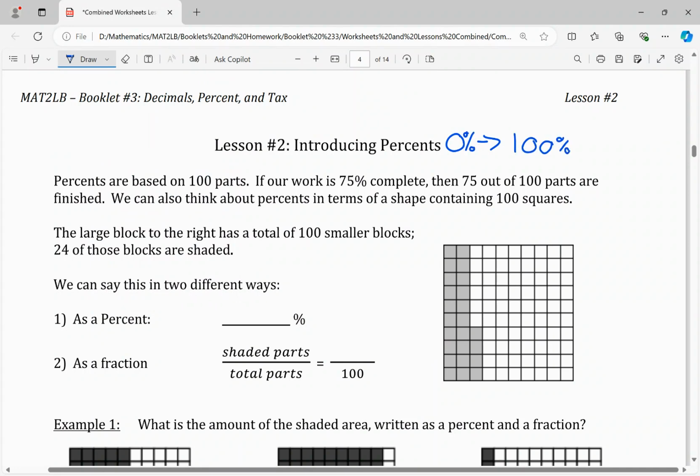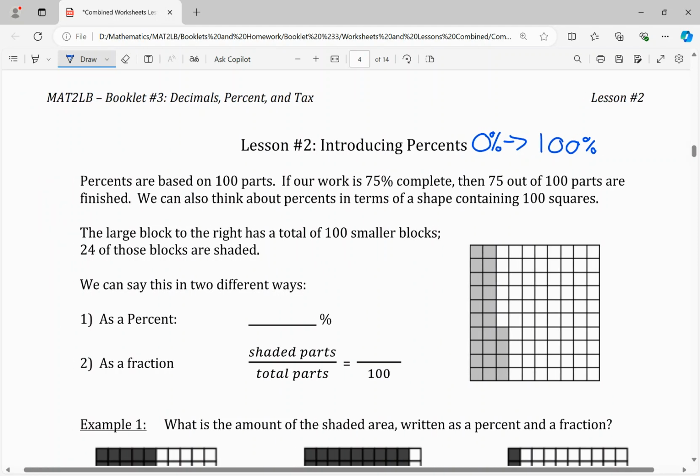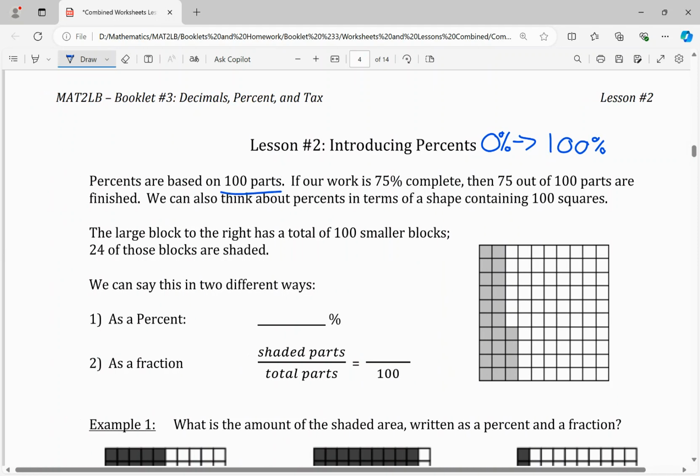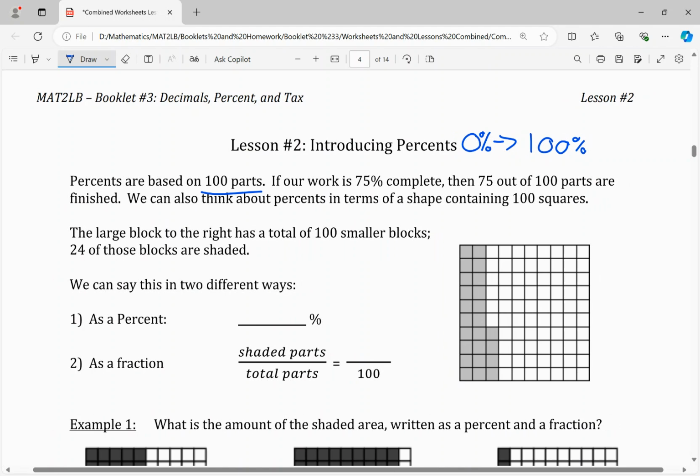Now, to have 0% of something means to have nothing, and to have 100% of something means to have 100 out of 100 parts, so we have all of it. Every number in between that gets closer and closer to 100 represents more and more parts that we would have.